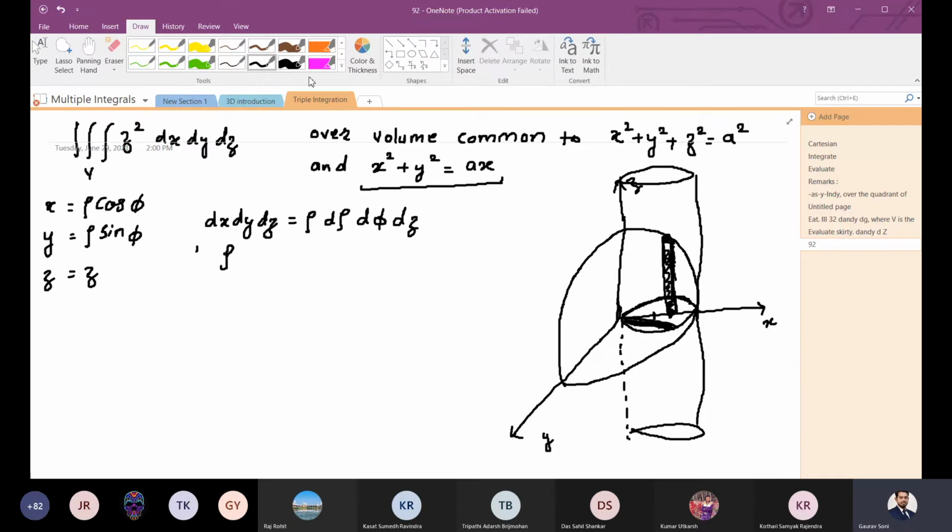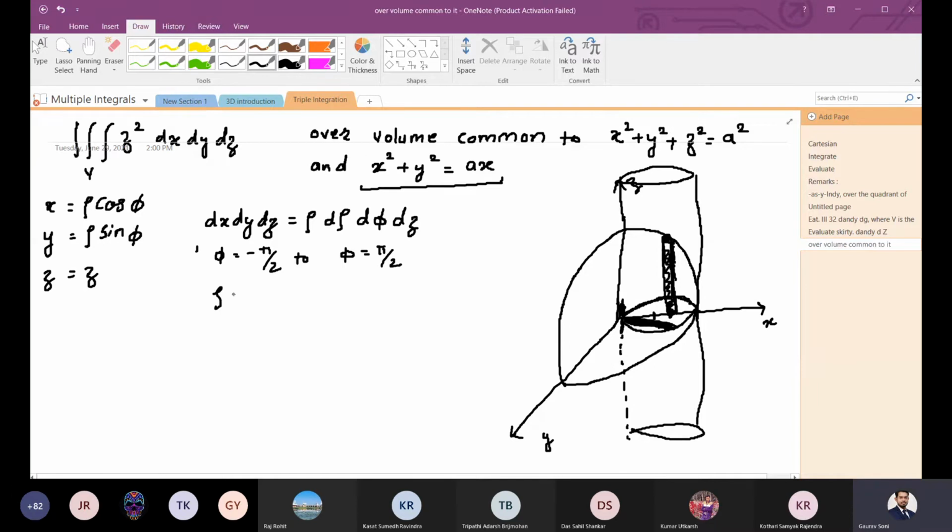So first of all, I'll think of phi. What is the value for phi? Phi is going from this end of your circle to upper end, right, on the xy plane. So phi is going to be running from minus pi by 2 to plus pi by 2. Yes, am I right? Phi is going from minus pi by 2 to plus pi by 2.